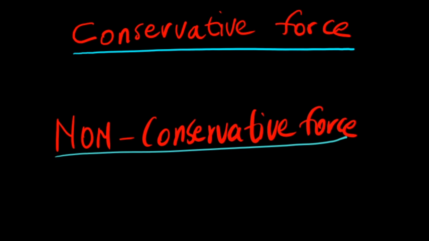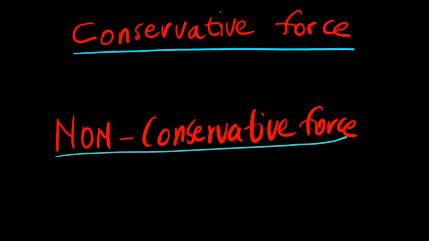We always have an opposite of anything in this world. Now the opposite of conservative force is a non-conservative force. Non-conservative force is a force for which the work done in moving an object between 2 points depends on the path taken. For example, frictional force, air resistance, tension in a cord.